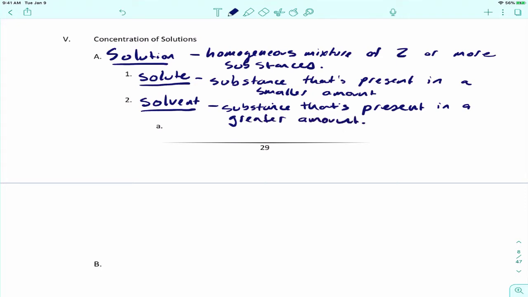Usually, it doesn't have to be, but for this particular chapter, the solute will be a solid, the solvent will be a liquid.